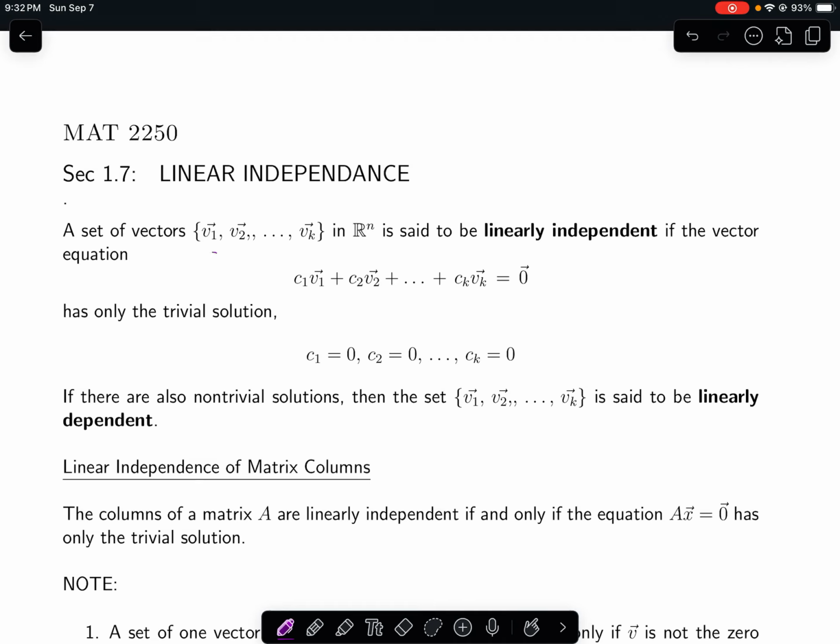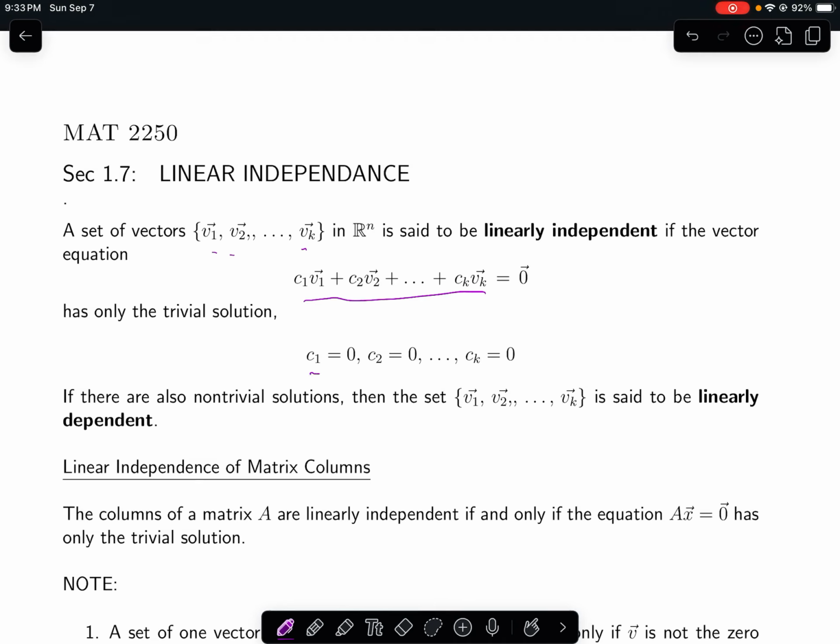A set of vectors v1, v2 up to v sub k in the space Rn is said to be linearly independent if the vector equation c1 v1 plus c2 v2 plus so on plus ck vk is equal to the zero vector has only the trivial solution.